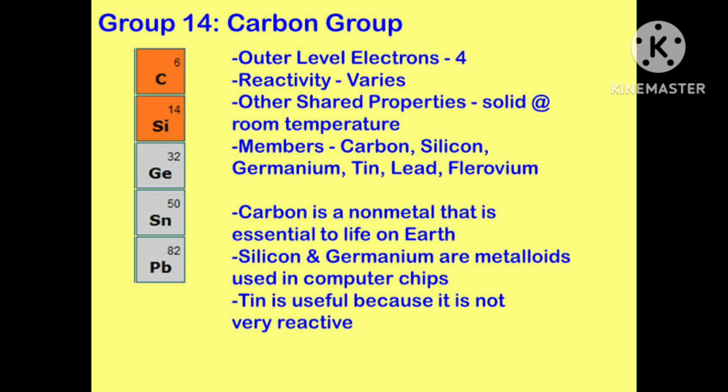Then most of the MX4 are covalent in nature. The central metal atom in these halides undergoes sp3 hybridization, 1 s and 3 p, total 4. Then MX4 is sp3 hybridized, and the molecule is tetrahedral in shape.